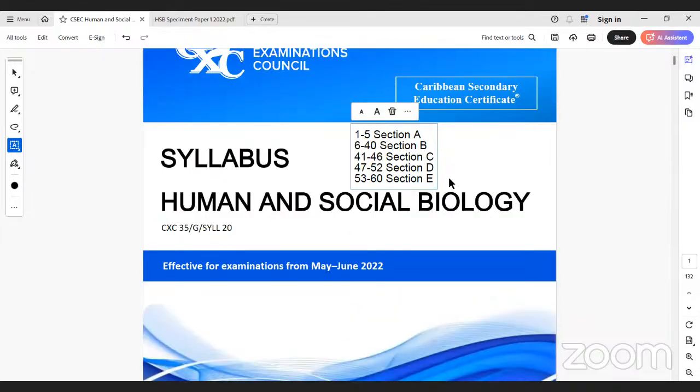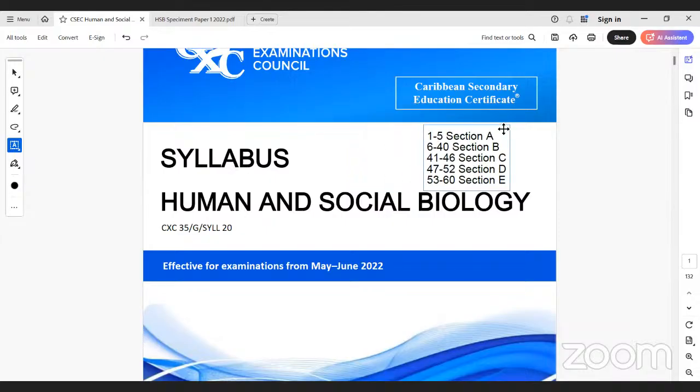So this is how you line up your sections. The first few questions come from section A, which deals with living things, the characteristics of life, the food web, the carbon cycle, those kinds of things.